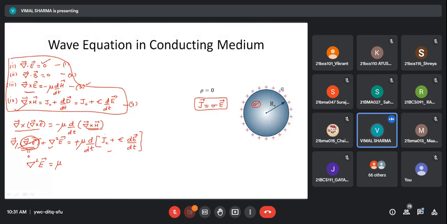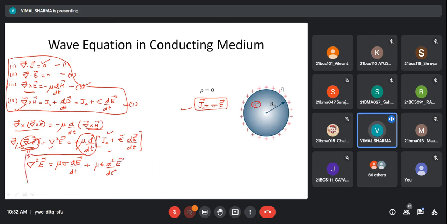This is the conduction current density. So I can write here sigma d by dt of electric field E. I used this relation, plus operation of this on this will give you mu epsilon double derivative d square over dt square of electric field E.